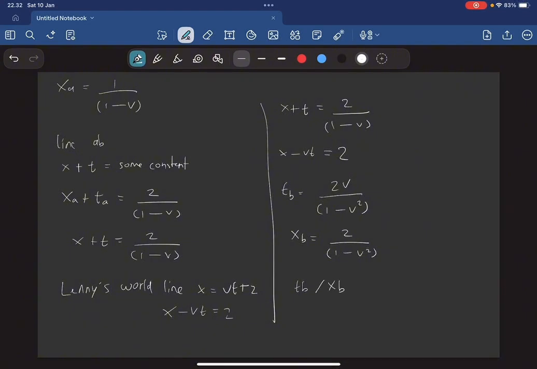And using this equation, we see that the slope is v. This line is nothing but the x prime axis, and it is given very simply by the equation t equals v times x.